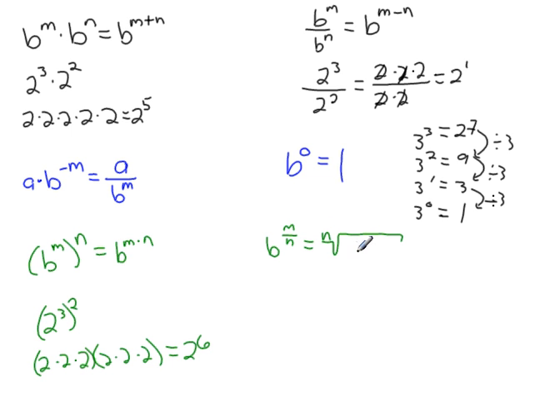The top number is your exponent. Now you can either write it like that, or you could write it like this, with the whole thing being raised to the m power. Either way, it ends up with the same thing. But just remember, your rational exponent is the same thing as taking the denominator as the root.